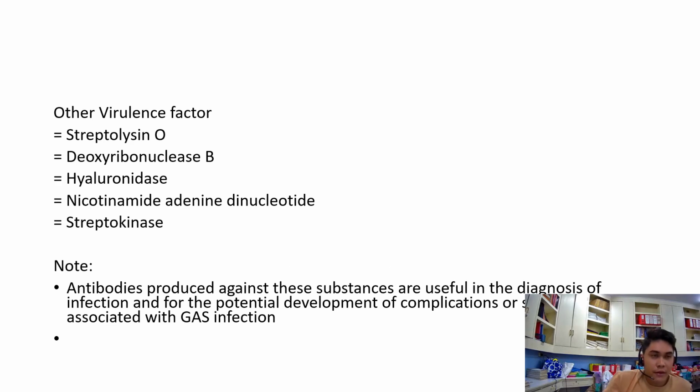Next are the other virulence factors. First you have streptolysin O, which causes destruction of red blood cells, or hemolysis. The next is deoxyribonuclease B, which is responsible for the breakdown of DNA.